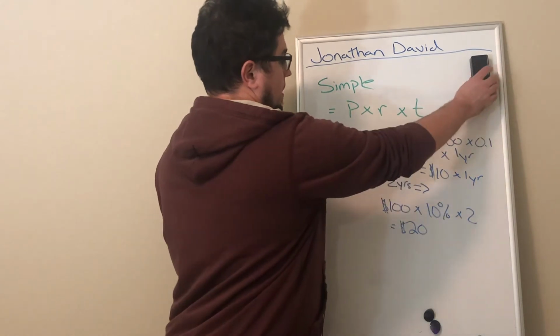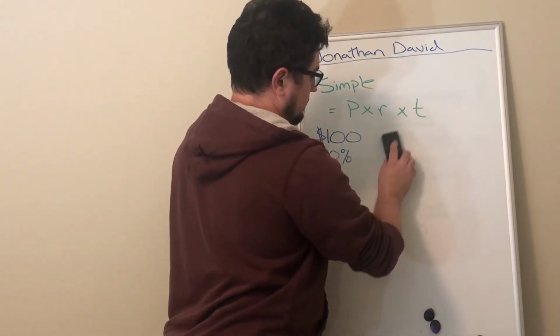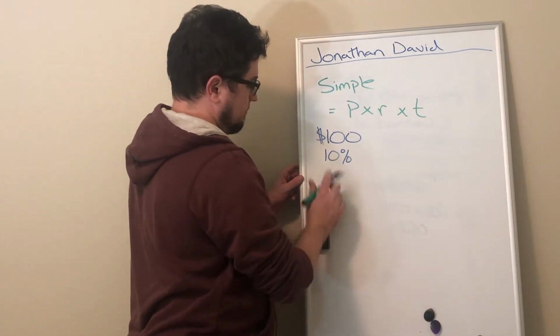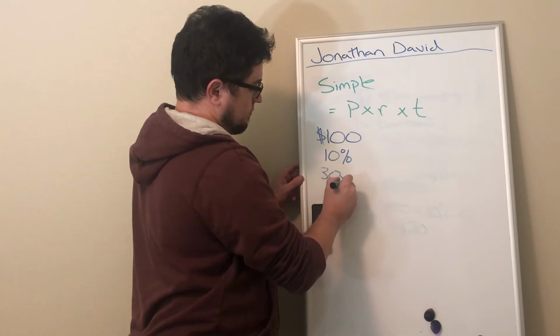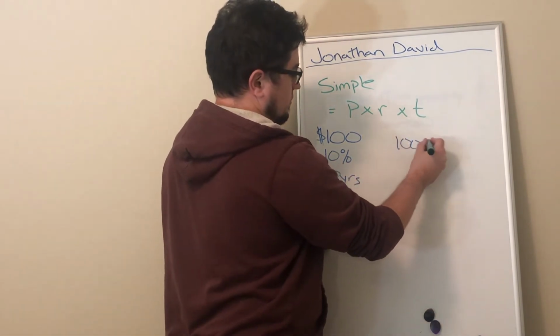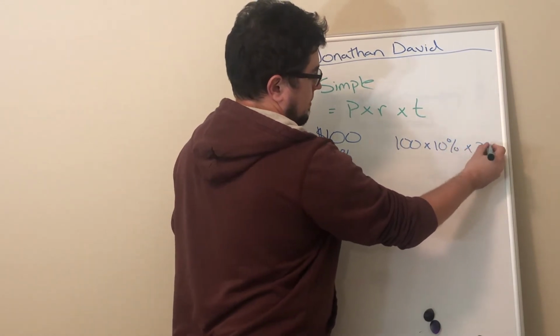So let's expand that out to 30 years. I'm going to change this from 1 year to 30. How would we do this? It would be 100 times 10% times 30.